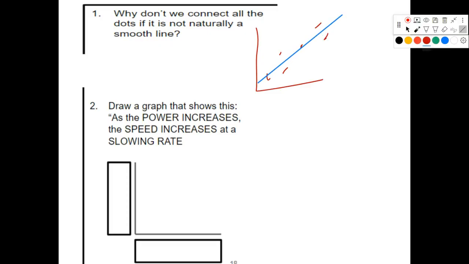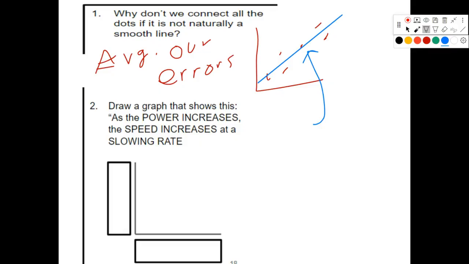And the answer to that is we are averaging our errors. So that blue line represents what we think the data should look like if we didn't make errors collecting the data.